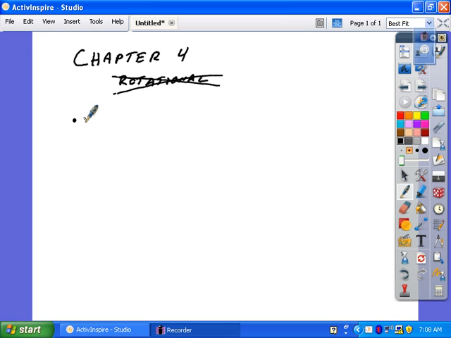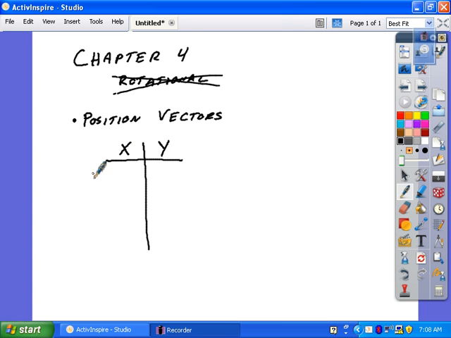All we're going to start talking about here are position vectors, which shouldn't be too much of a drastic change from what we've done last year. The biggest thing that is different: last year we did our XY charts, we did our velocities initial, velocities final, yada yada.